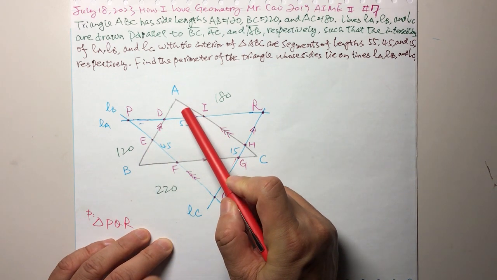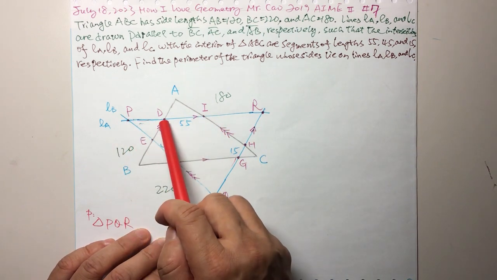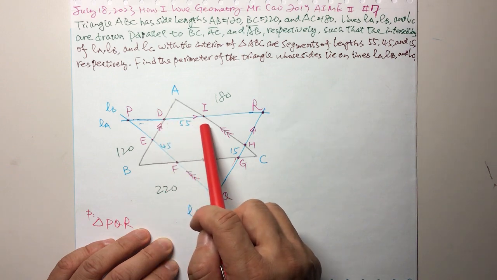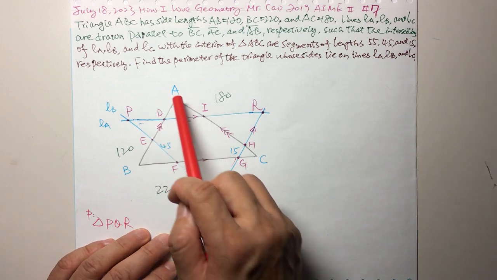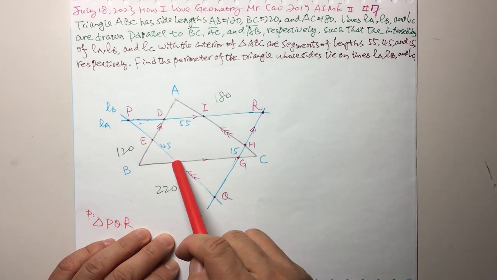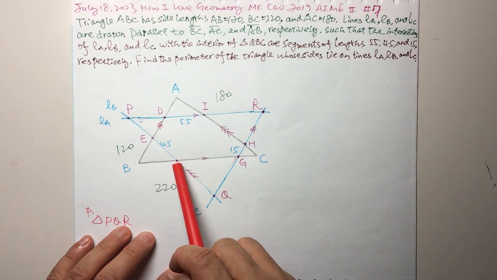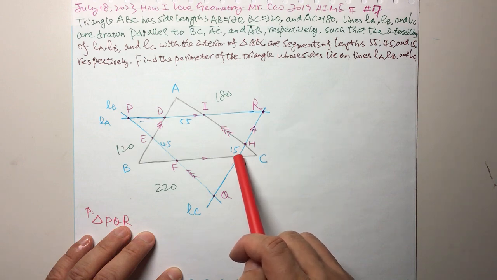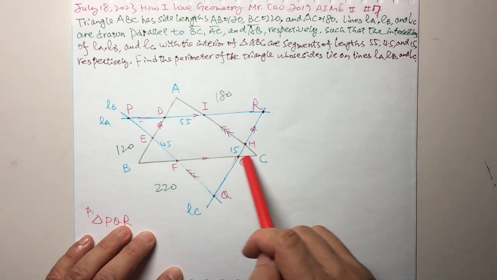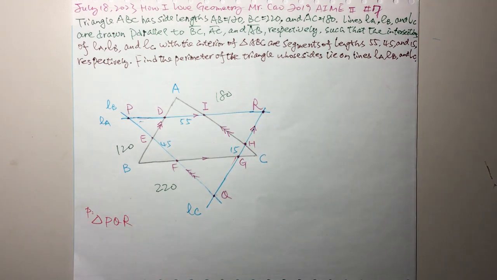Also, triangle PED is similar to triangle IAD. We get the same thing with BEF and GQF, and this triangle is similar to that triangle. Okay, now we have all the ideas we need to solve.